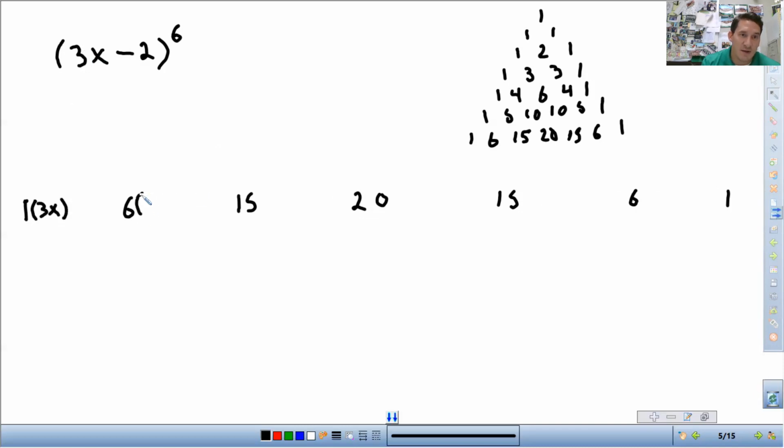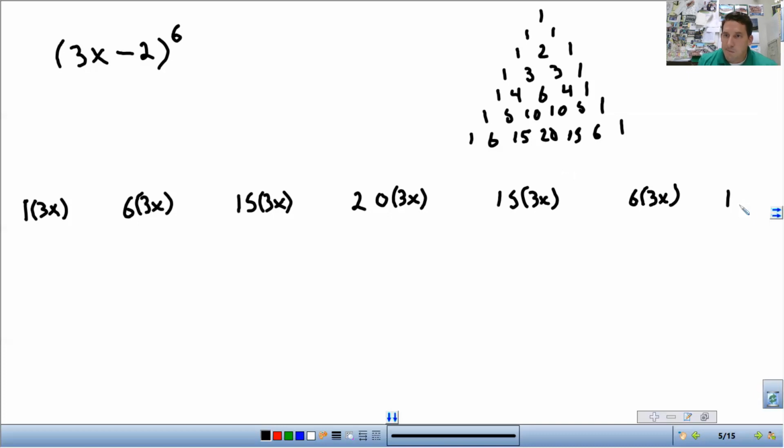I'm going to put it in parentheses. And then each term is a 2. Again, I'm going to take care of the minus at the end. So each term gets a 2.